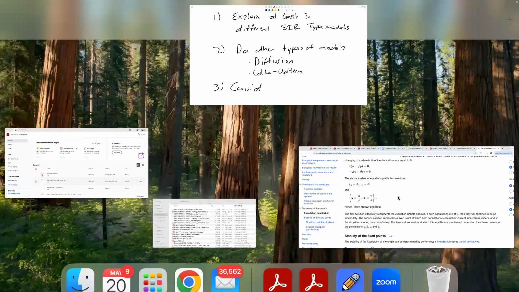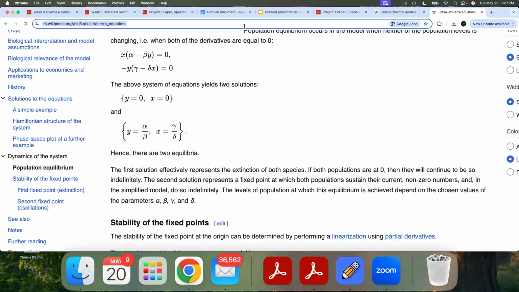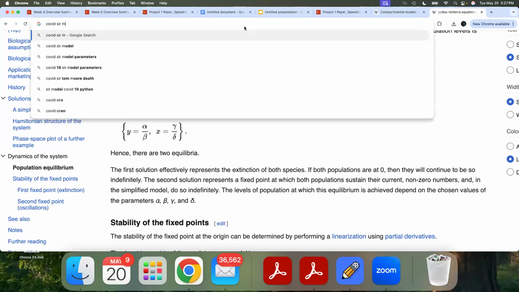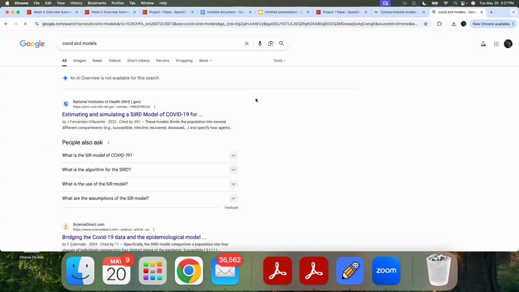And now COVID. You can find a lot of stuff out here about how these models were actually used to model COVID over the last few years.